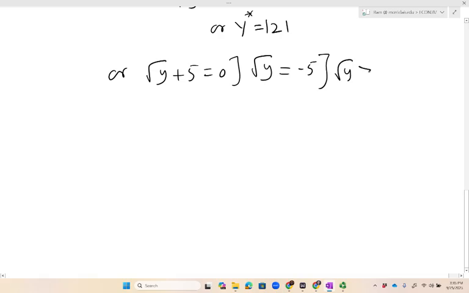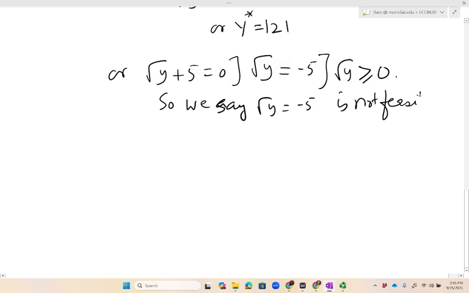Square root of y should not be negative. So we say square root of y equal to minus 5 is not feasible. So all I have got is y star to be 121.